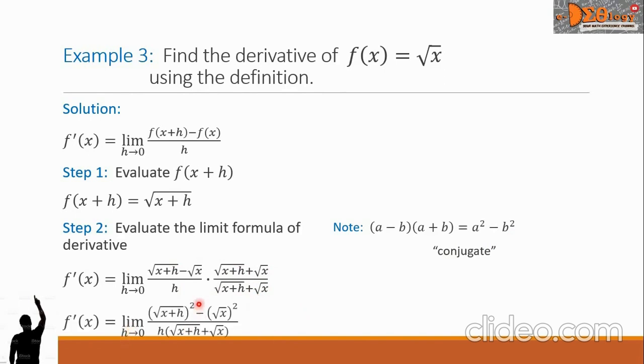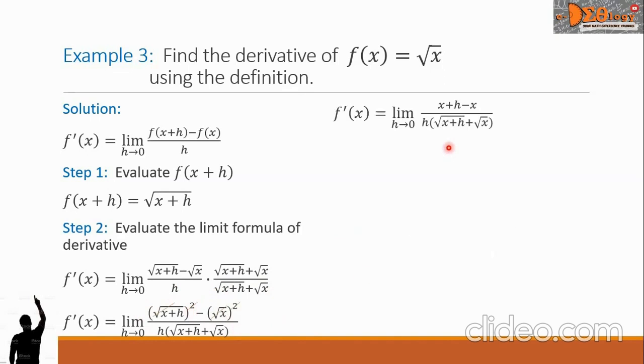The limit of the square of the quantity square root of x plus h minus the square of the square root of x all over the denominator is simply putting together the h and these big radicals. Now let us cancel out the square and the radical sign, and let us write again the fraction here. So we have now the limit of x plus h minus x all over our same denominator.